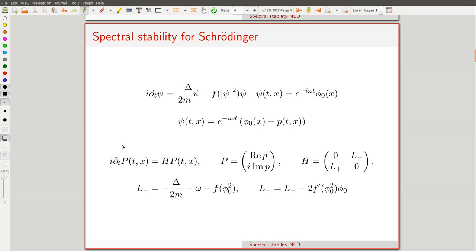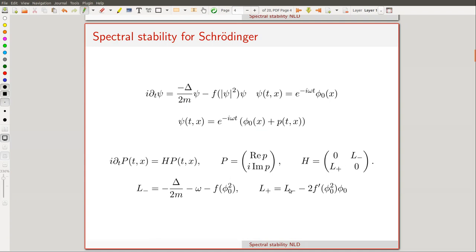you can write it as an evolution equation with the i d/dt here, and then some operator H acting on these components. This operator has two diagonal blocks, where the first term is just a Laplacian minus omega. Omega is always negative, so this is actually plus something. And you subtract the potential well created by phi 0, which is often called the ground state.